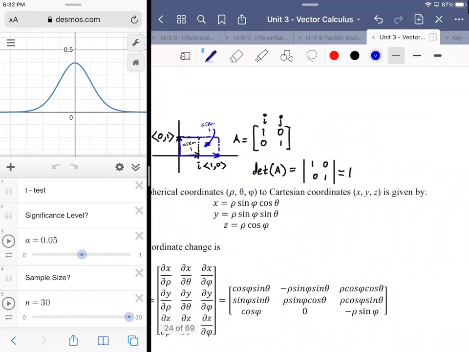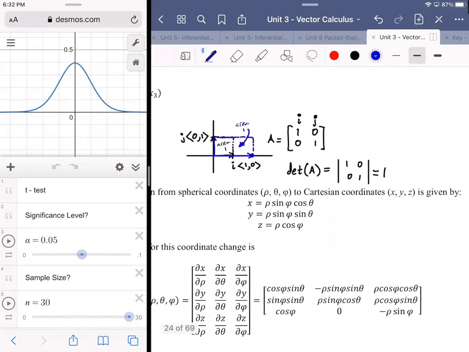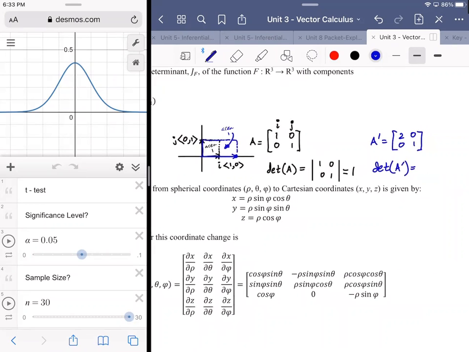And I would still have something, I'll call it A prime, that I could find the area of using the determinant. So my new dimension, I doubled the length in the i direction, so 2, 0, 0, 1. So the determinant of that would be, I'll just cut out the fluff here, 2, which is obviously twice as much as 1, right?